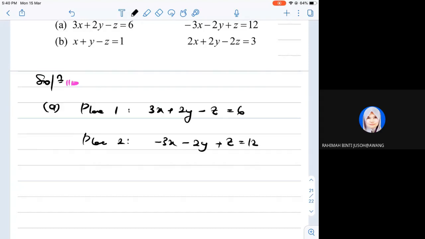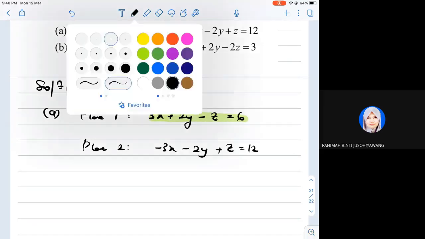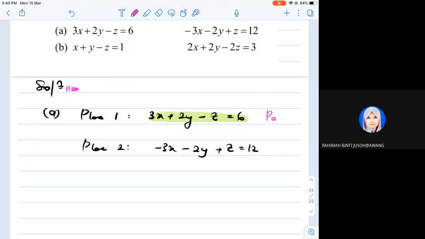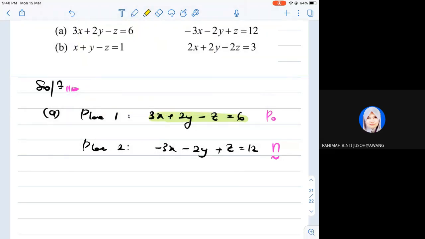P0 dengan normal vector. Okay, in this case, if you consider P0 from the first plane, make sure you consider the normal vector from the second plane. Okay, saya repeat, kalau you ambil nilai P0 daripada first plane, make sure you ambil nilai N daripada second plane, or vice versa.